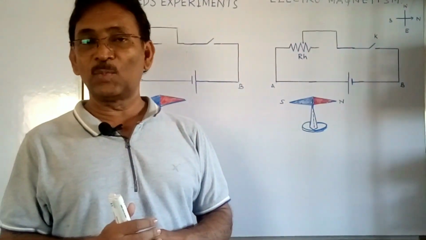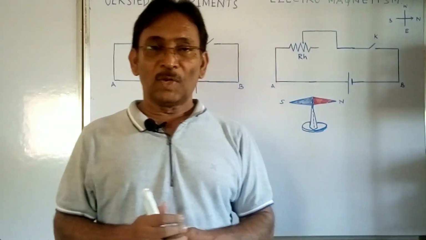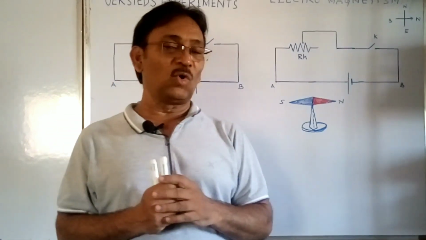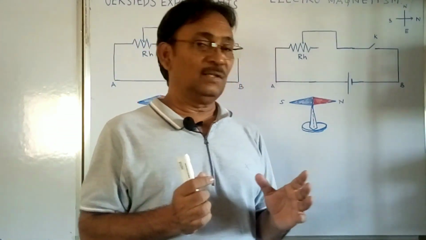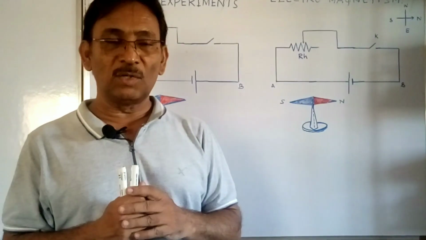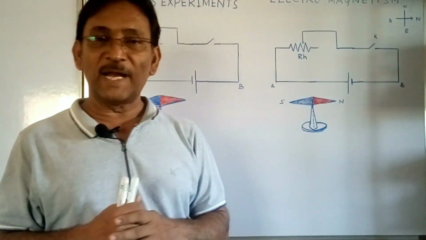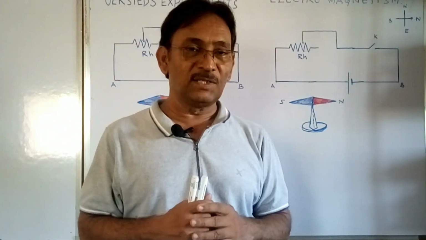Before knowing about the experiments of Ørsted, we have to know some basics. Electricity can be classified into two parts, you know that. One is static electricity and the second is current electricity.